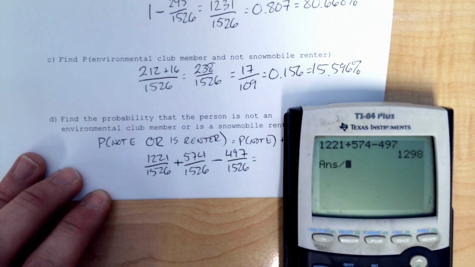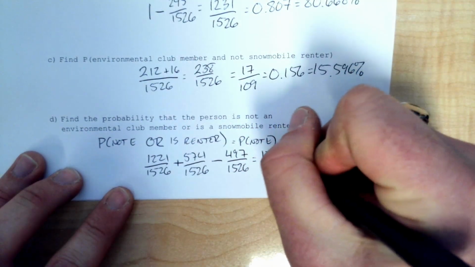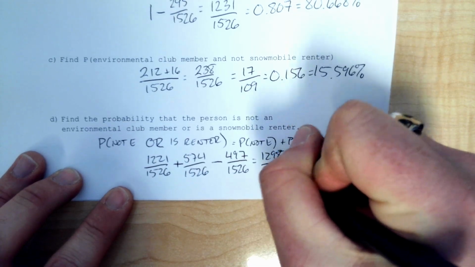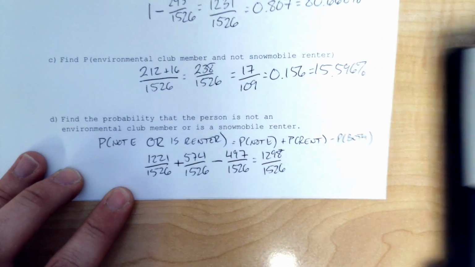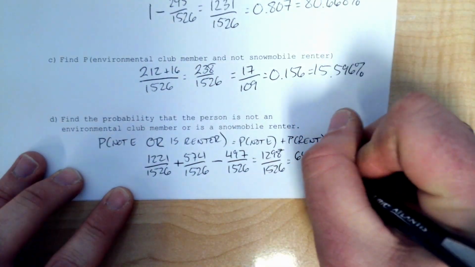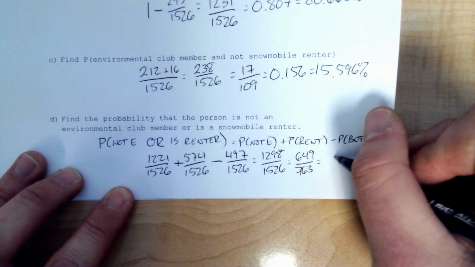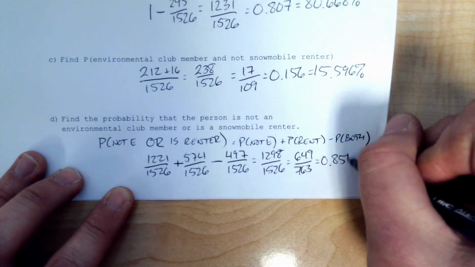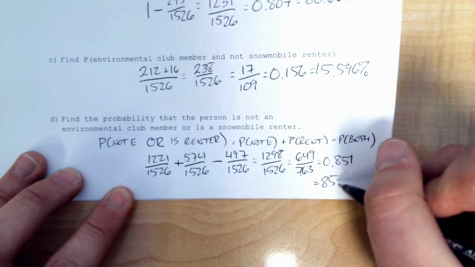So we get 1298 out of 1526, which reduces to 649 out of 763, or about 0.851, or about 85.059%.